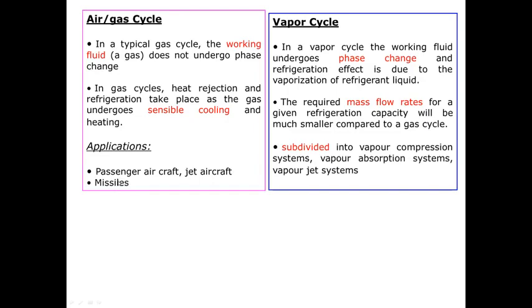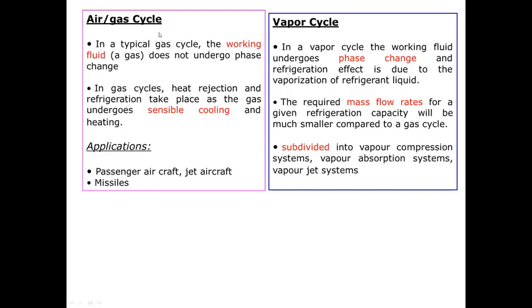So in order to control the temperature and humidity of the artificial satellite, we need certain air conditioning equipment. And similarly, for the missiles which are launched on the ground, the firing system in the missile is continuous. So that means we need to control the temperature of that missile. For this cooling effect, we need certain air conditioning equipment, and that air conditioning equipment is based on the air or gas cycle.